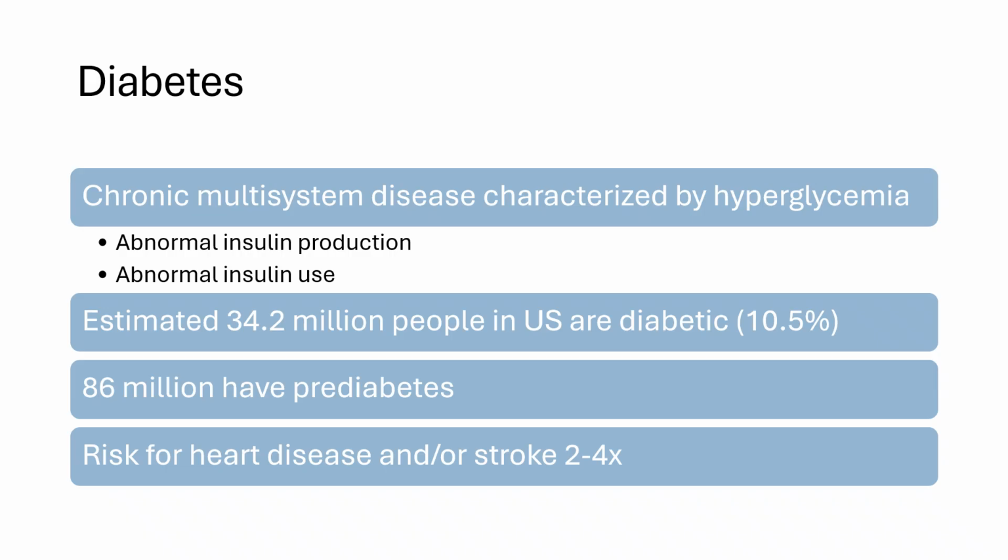It's pretty high. 86 million have prediabetes, so they have no clue that they have it. And those that have diabetes are at risk for heart disease and or stroke. They're 2 to 4 times greater than anybody else.